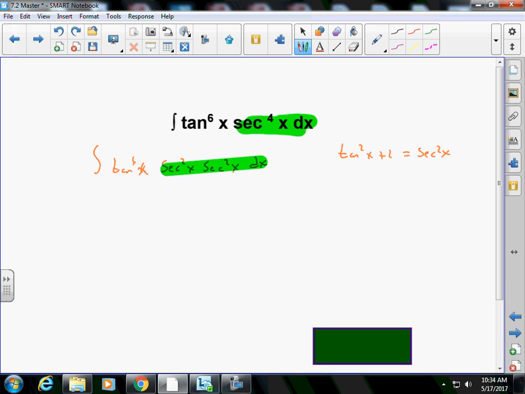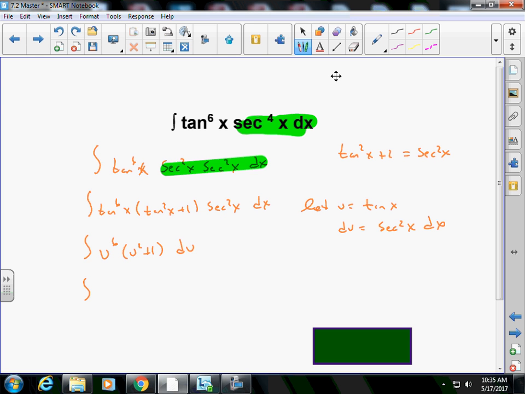So I can substitute. I say tangent to the 6th x times tangent squared x plus 1 secant squared x dx. And I can then say let u equal tangent x. So du has to equal secant squared x dx. By u substitution, I get a u to the 6th, u squared plus 1 du.